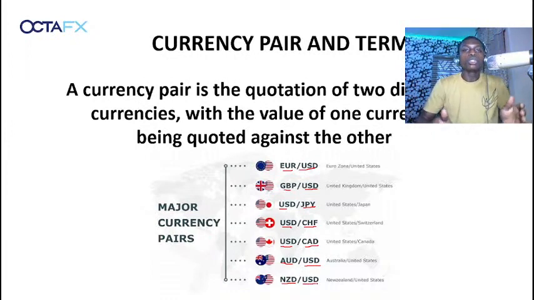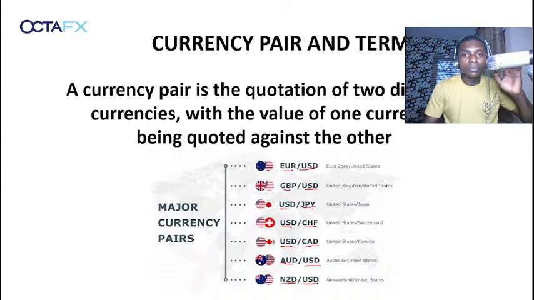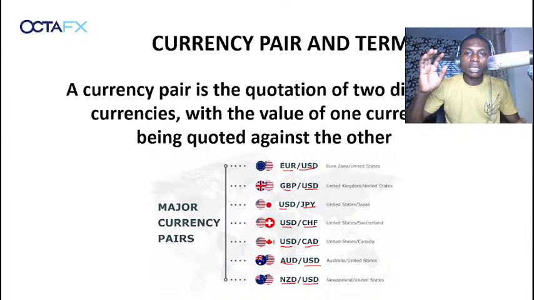So currencies are traded in pairs: a quote currency and a base currency, right?